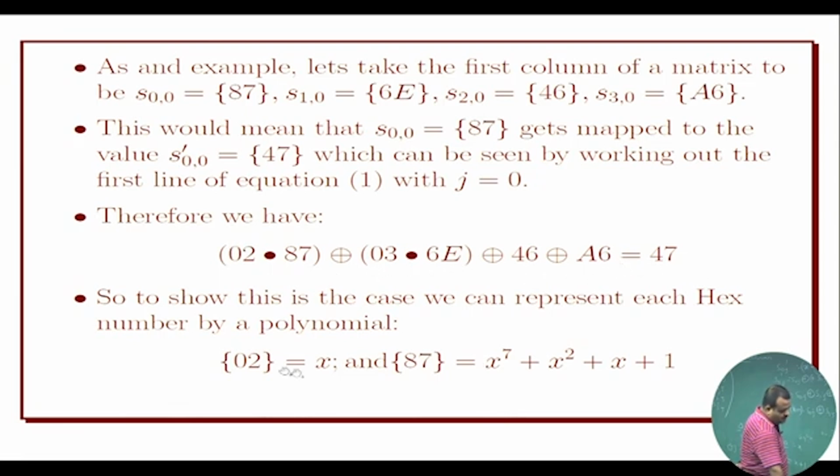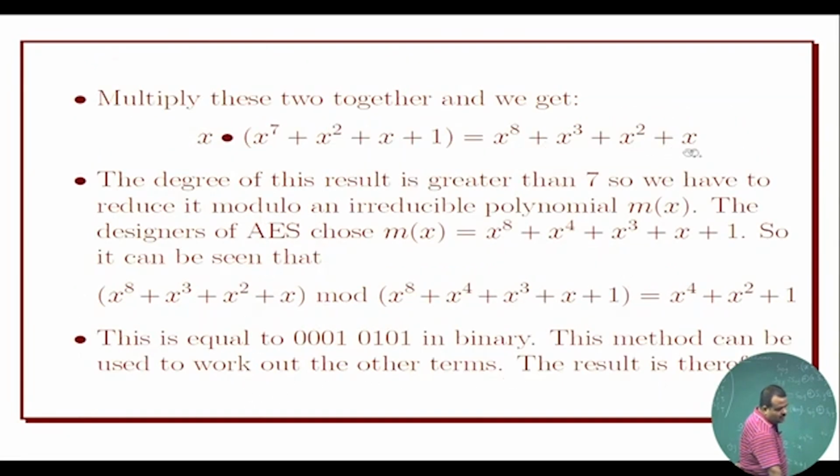So how can we check that? This is 87. 87 can be written like this, and this is x. If we multiply this, we get this. Now this has to be taken mod, because everything has to be in F2 to the power 8. If you take mod, we get this field element, which is equal to these binary bits.